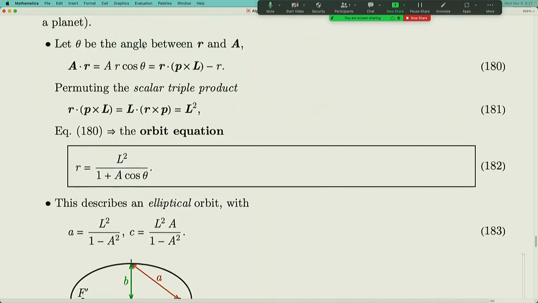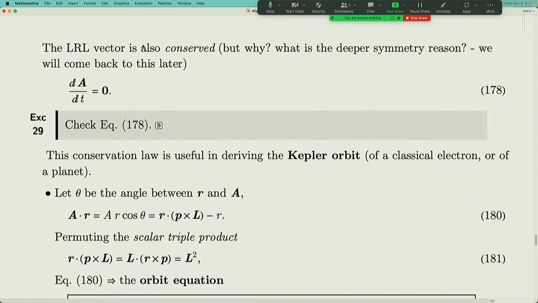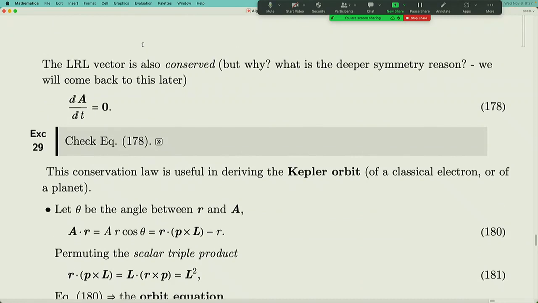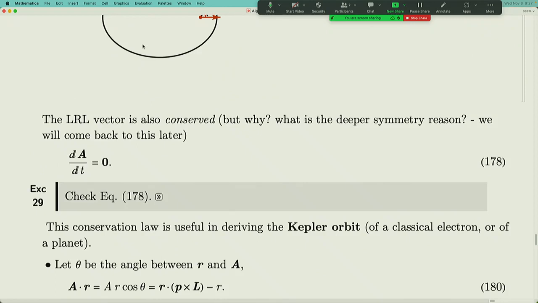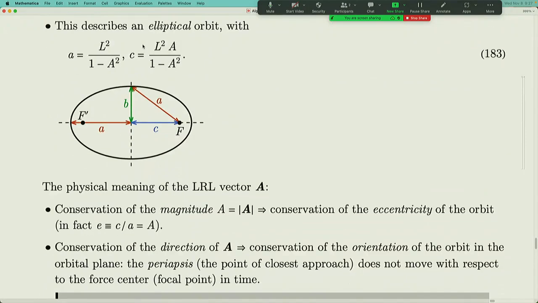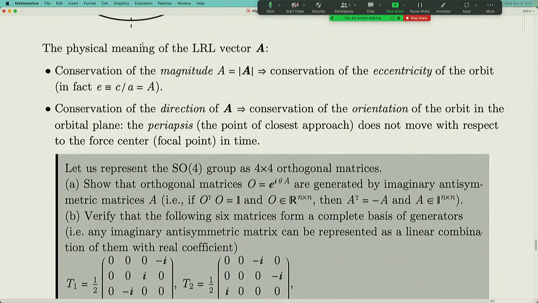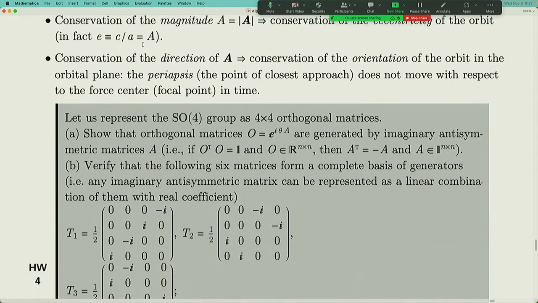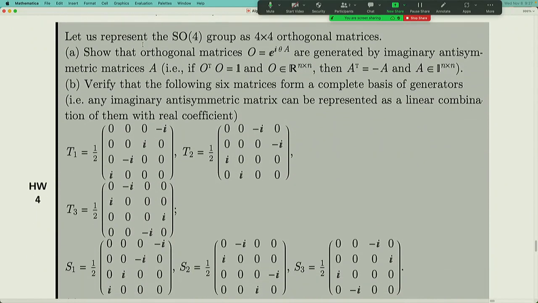The whole discussion is just to show that there is an additional conserved quantity. But whenever we see a conserved quantity, we ask whether there is a deeper symmetry reason behind it. For example, angular momentum conservation is associated with rotation symmetry, and this LRL vector conservation is associated with a larger symmetry, which turns out to be SO4, a 4-dimensional rotation symmetry.